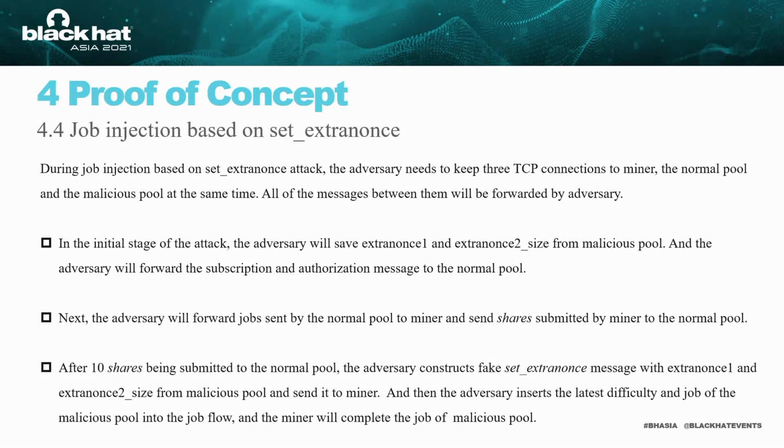Then I will introduce the first PoC, the job injection based on set_extranonce. We build a prototype. It will give 1 share to the malicious pool after 10 shares are submitted to the normal pool.